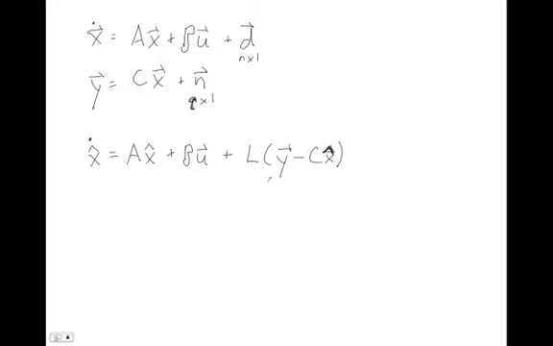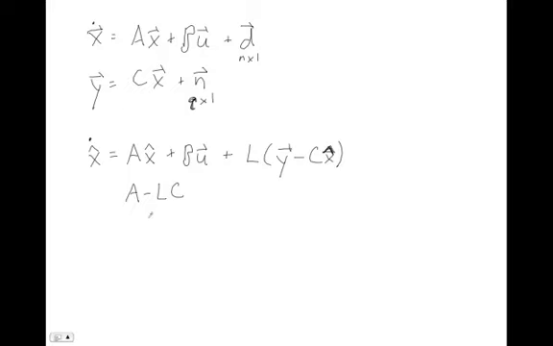So we take the difference between our actual sensors that are coming out and our observer sensors, and we use that difference to push our system around. And we said if we do this, then we're going to get a closed loop observer that has the closed loop characteristic equation that has this A minus LC. So these are the eigenvalues of our closed loop observer system, and we can place those wherever we want.